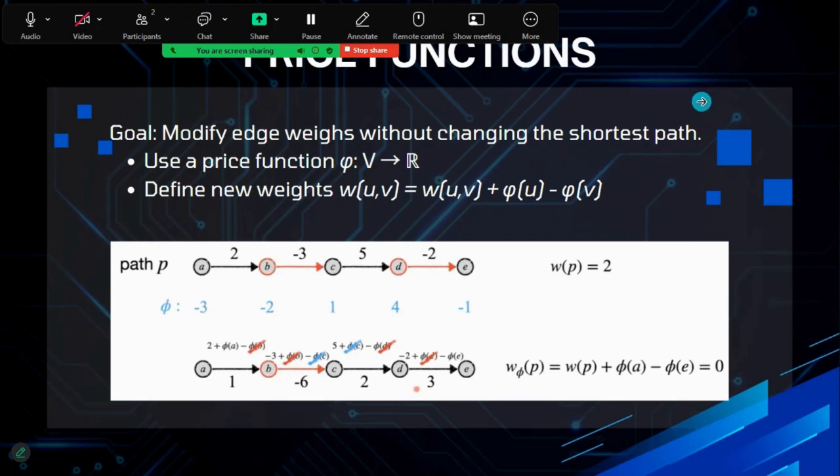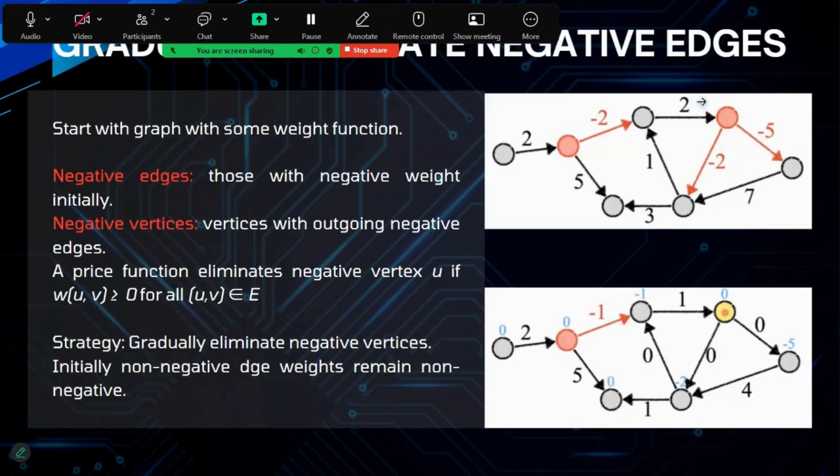Okay, so now moving on, the second part of the algorithm is gradually eliminating the negative edges. Initially, we identify the negative vertices, basically those nodes with outgoing negative edges. Then, using the price functions that Hussein mentioned earlier, we reweight the graph to remove their negative influence, like maybe decreasing their weights and making them nearer to positive or making them more negative.